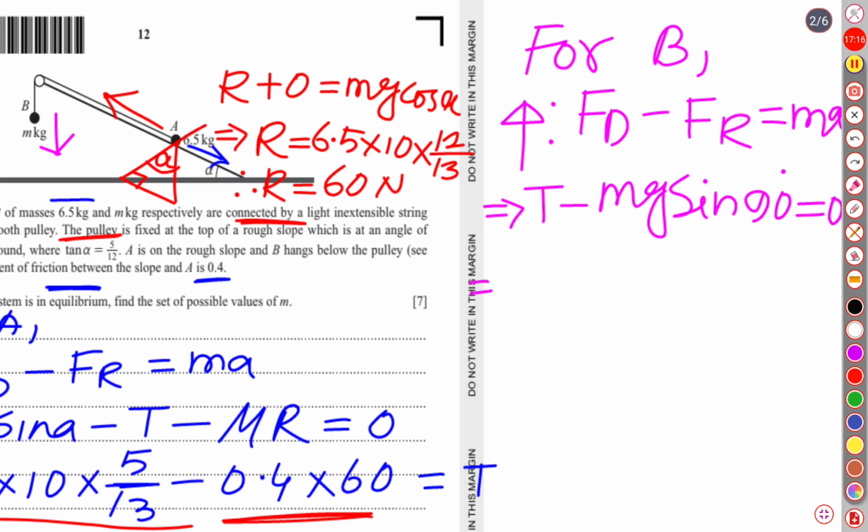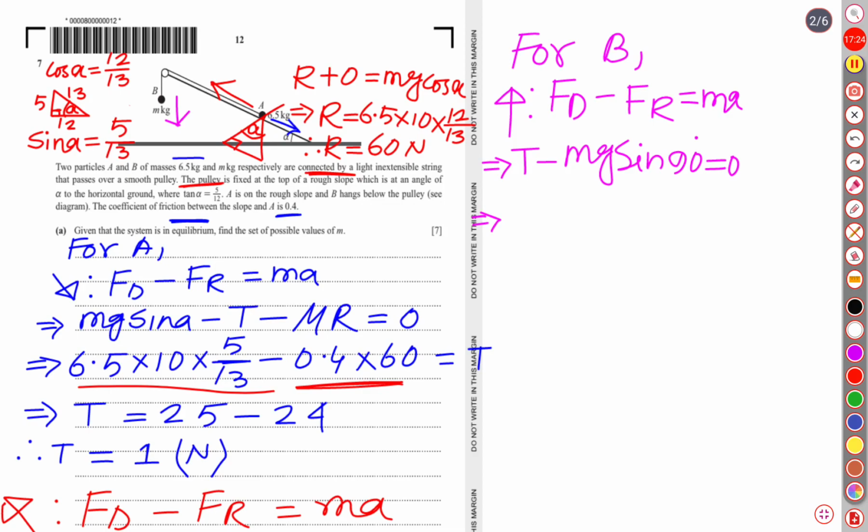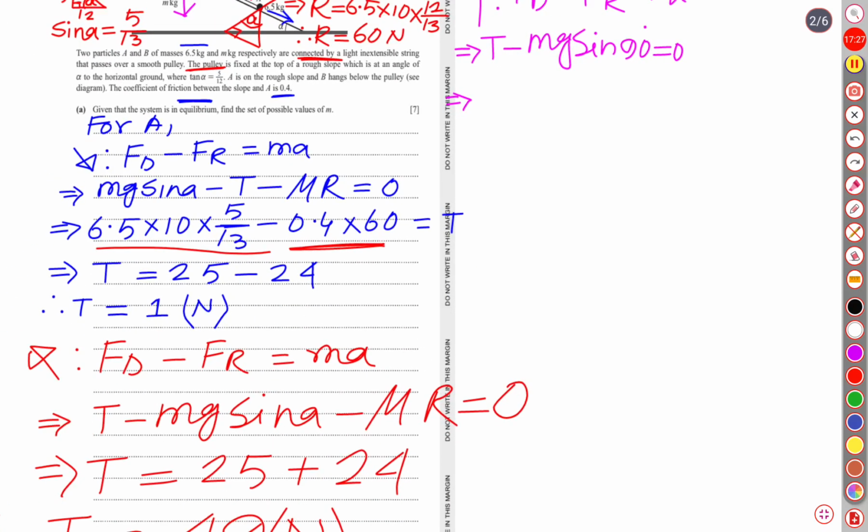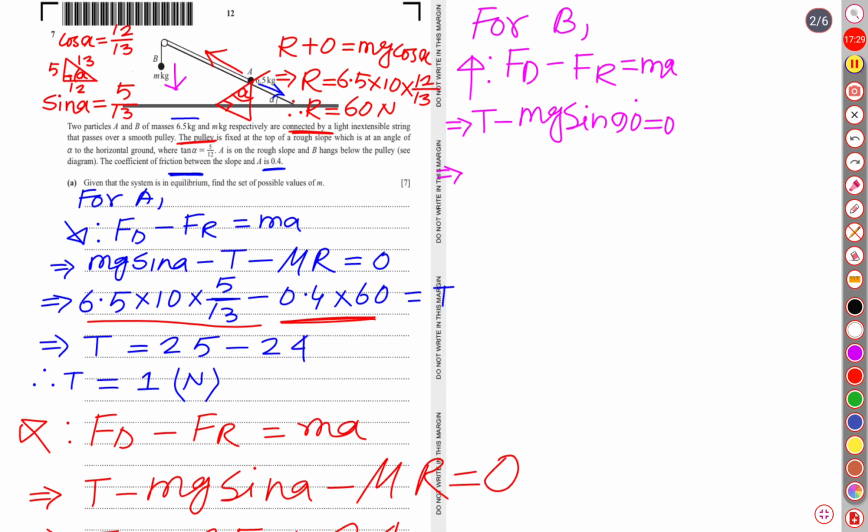So let us see our tension. Already we have obtained our tension. For the first case, when A was sliding down and B was moving up, our tension was 1 Newton.